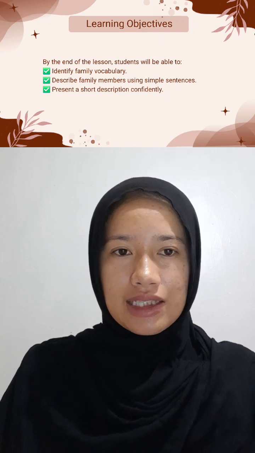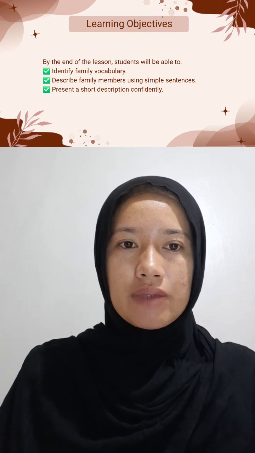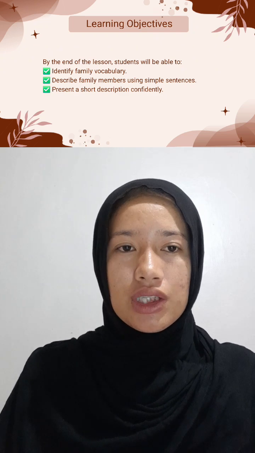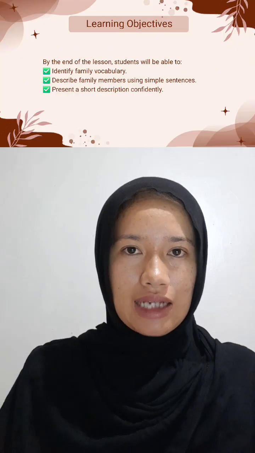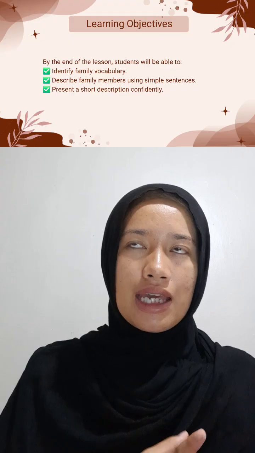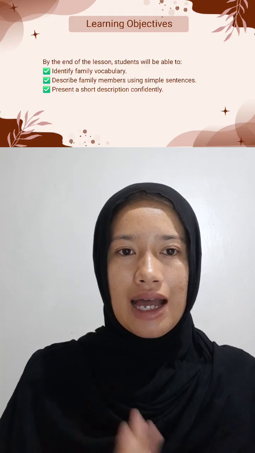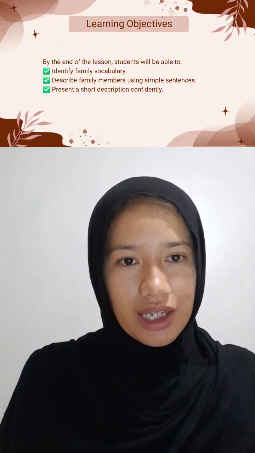And the second is describing family members using simple sentences. Students should be able to construct simple descriptive sentences. Example: my father is tall, my mother is kind, I have one brother, my sister is pretty.